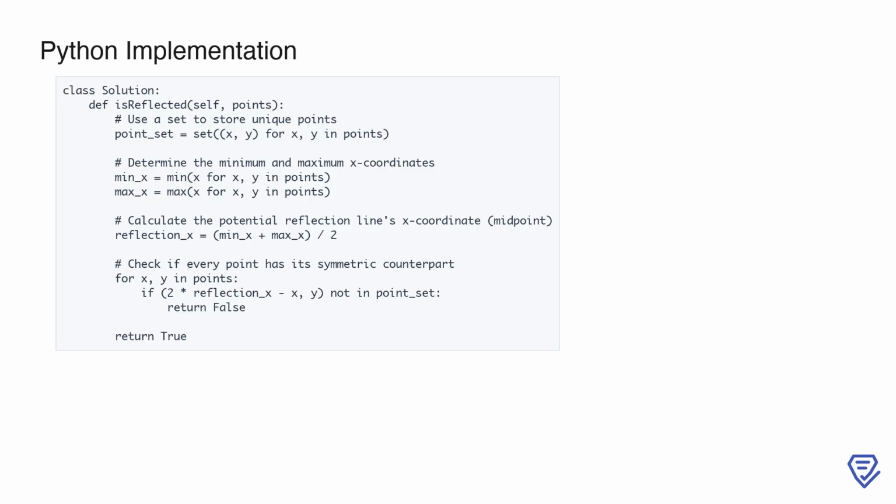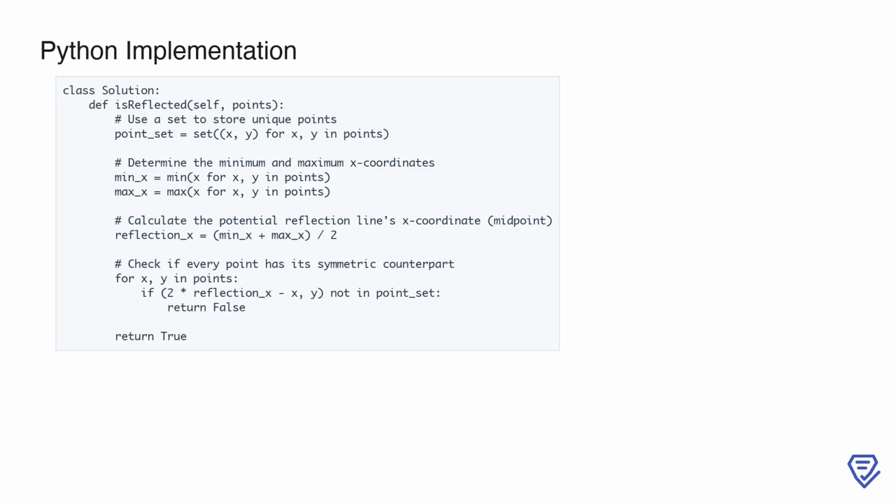For a point (x, y), its symmetric counterpart would be (2 * reflection_x - x, y), where reflection_x is the x coordinate of the vertical reflection line. If even one point does not have its symmetric counterpart, the function returns false. If all points pass the check, the function concludes that the points are symmetric and returns true.